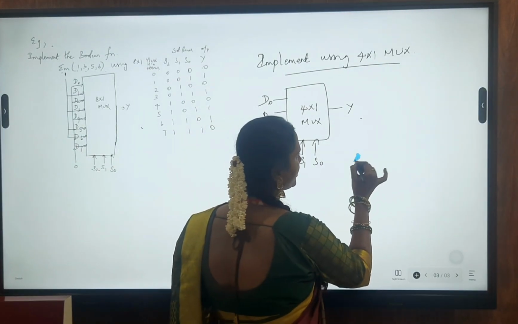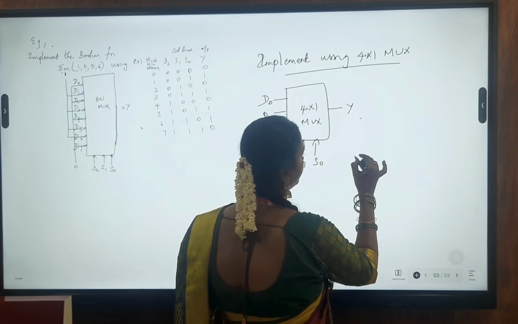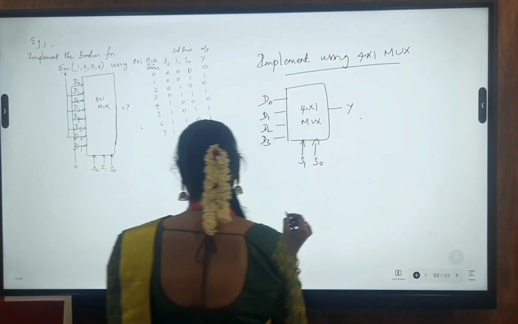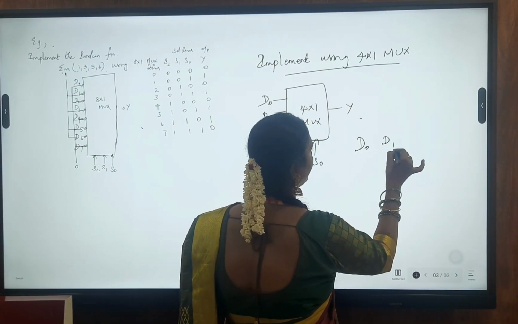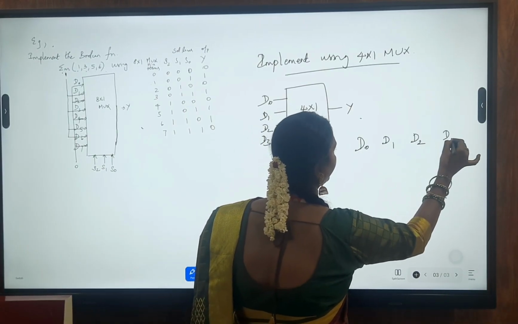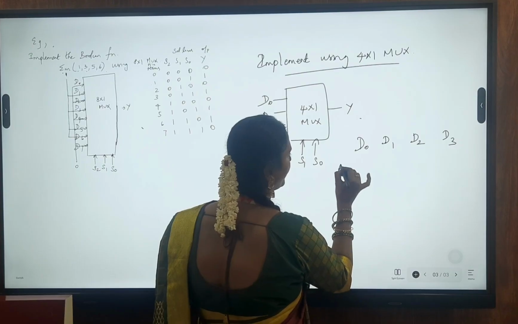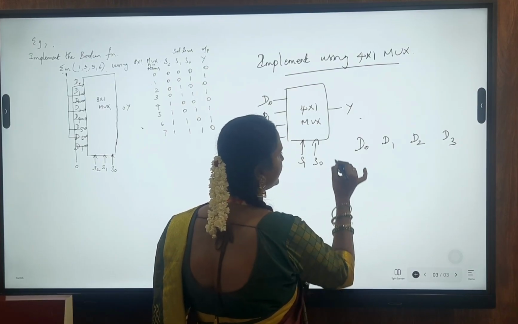See, D0, D1, D2 and D3. Here you have to use the same rule. This is A bar and this is A.